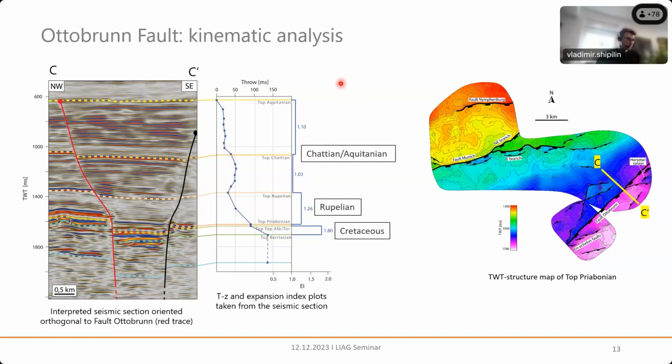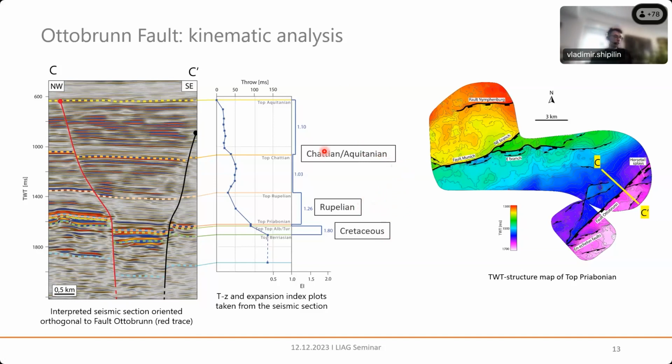So we have a drastic decrease in throw values, which is indicative of syn-sedimentary faulting. So what we recognize here is that this fault was active during at least three stages: during the Cretaceous, Rupelian, and sometime during the late Chattian and early Aquitanian. And at least two stages correlate well with the observations that I made at Garching Street, where we also had fault activity during the Rupelian and Chattian.